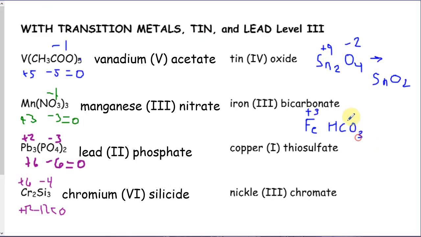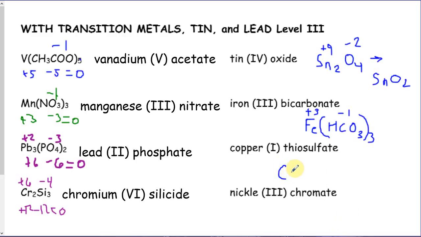Again, it wants to assume that it knows what it's doing, and it does not. Crisscross, the 1 goes behind Fe, and the 3, I got to wrap my bicarbonate in parentheses and put a 3 on it. Fe(HCO3)3, with the HCO3 in parentheses.